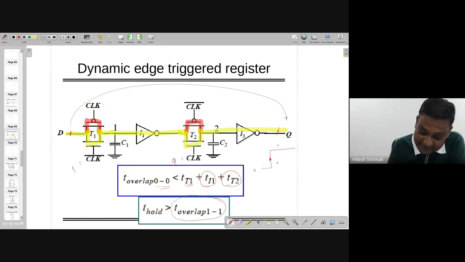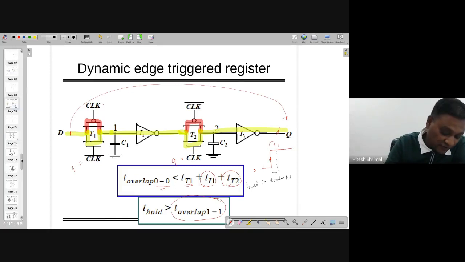So in that case, I need to make sure that my output should not be changing at least before this T overlap time, and my hold time has to be greater than T overlap, such that the output does not take any faulty input.